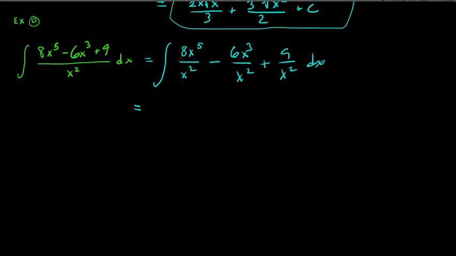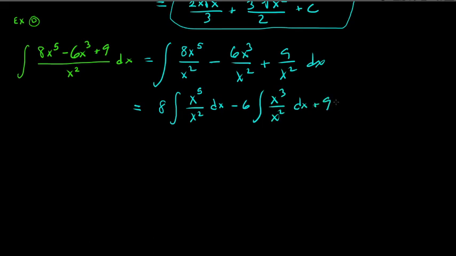Okay, right. Now we can apply the rules. In fact, I'm going to do 2 at once here. I'm going to bring out the 8. We can do that because it's a constant. And then this is x to the 5 divided by x squared, which I know you all know that that's x cubed. We'll do that next, right? Minus 6 times the integral of x cubed over x squared, which of course is just x.